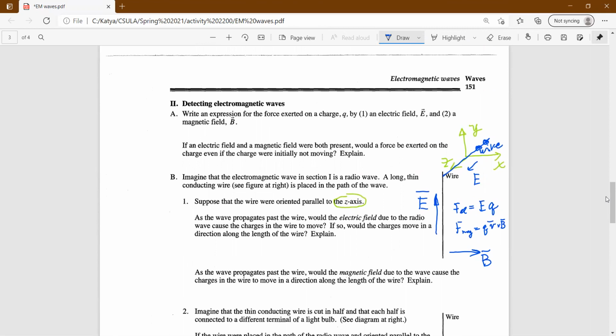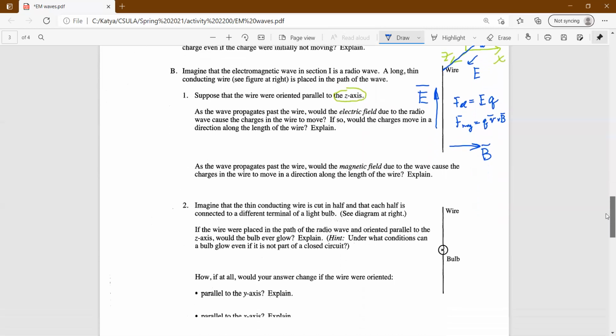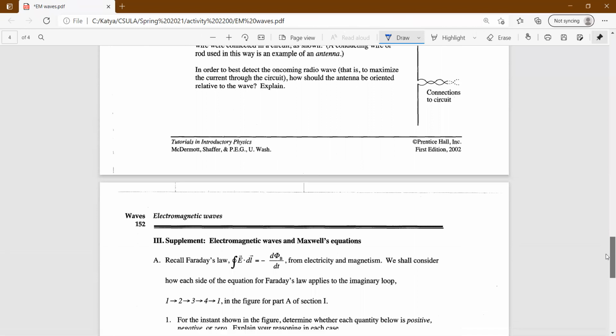I want to say that TV radio waves and FM radio waves are oriented horizontally, so they are horizontally polarized. You have probably seen old TV antennas, not new ones, which are just dishes, but old TV antennas look like a bunch of parallel sticks. And you probably remember that they are horizontal sticks, right? Okay, so we discussed this and this.